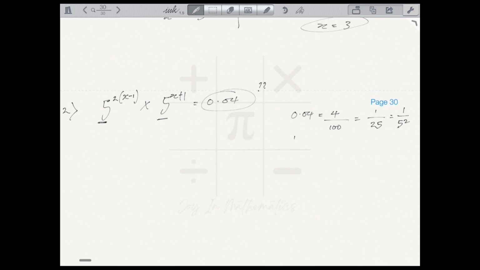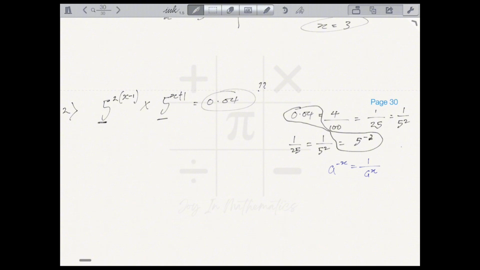Now let's go again. 1 over 25 is written as 1 over 5 squared. And then if we apply the negative index, which says a raised to the power minus x is equal to 1 over a raised to the power x, we'll have 5 raised to the power minus 2. So yes, 0.04 can be written as 5 raised to the power of what? Minus 2.